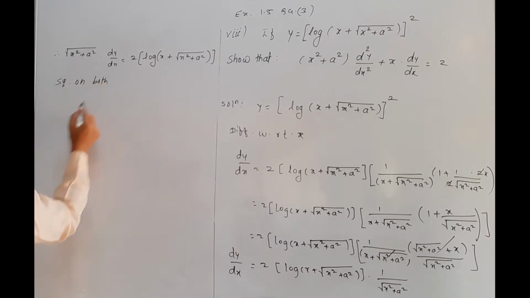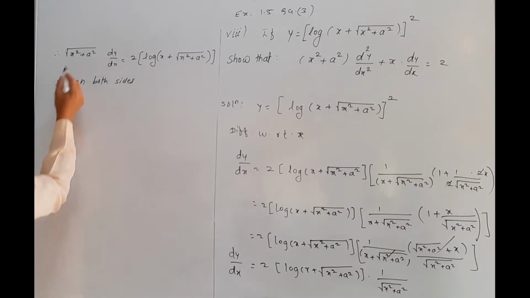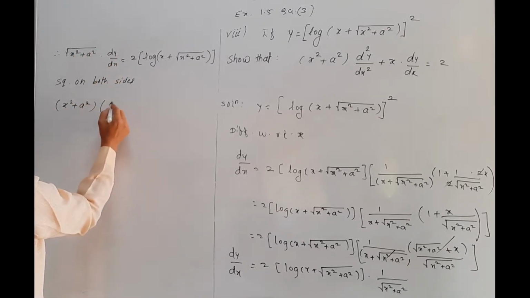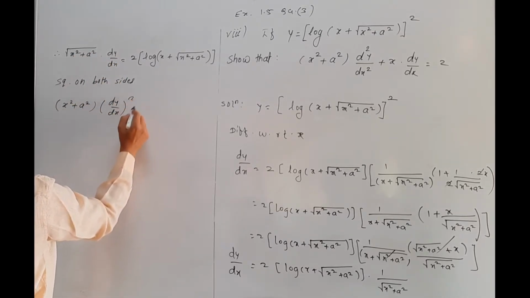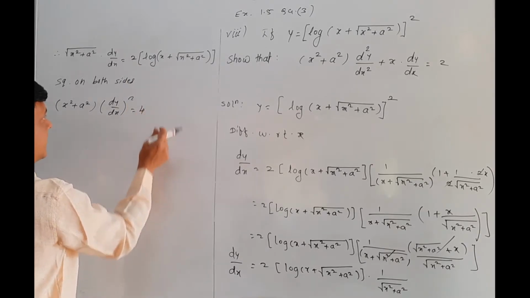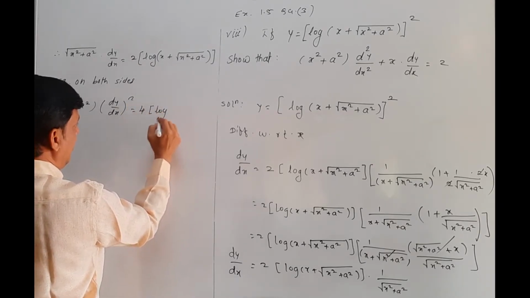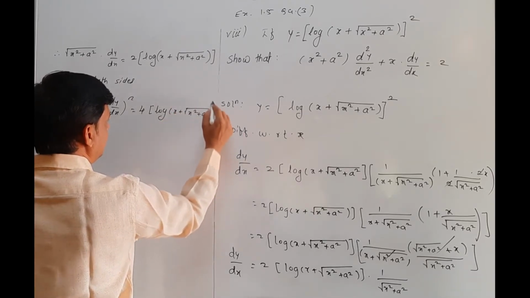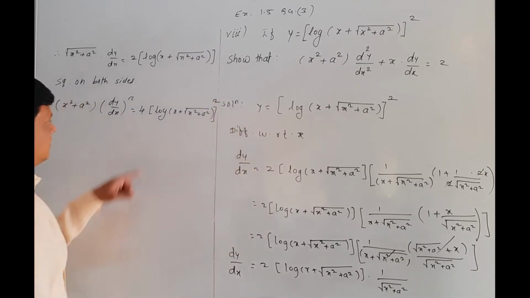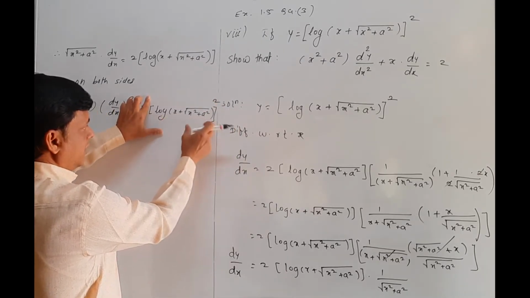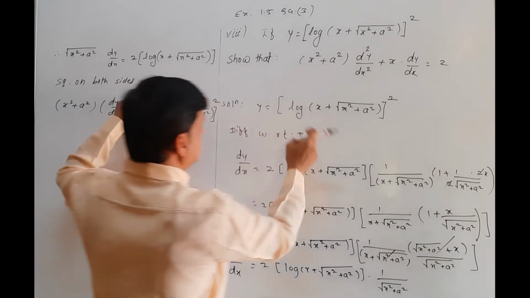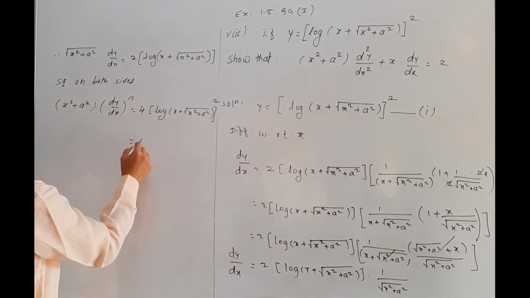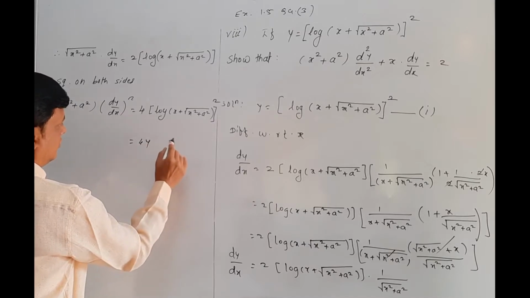Squaring on both sides, we get in the left hand side x² + a², because square and square root cancel here. Then the square of dy/dx is equal to the square of 2, we write 4, times the square of this log, so write [log(x + √(x² + a²))]². Now if you observe, this is the value of y. So we denote this as 1. So from equation 1 we write 4y.